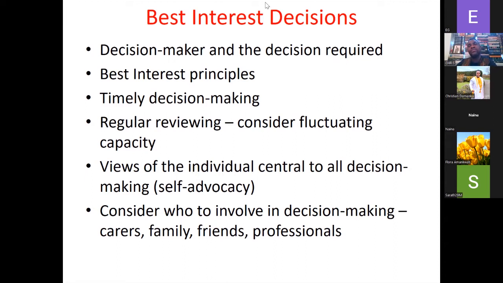If the person doesn't have an advanced decision and doesn't have capacity to make a decision, before the doctors or the medical team make a decision in the best interest of the person's life, they will consult next of kin.